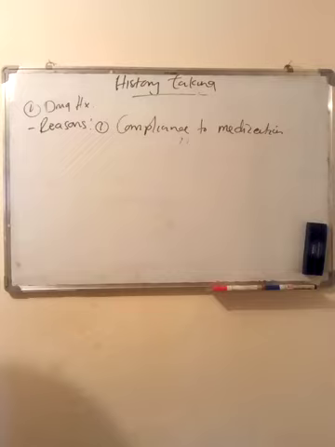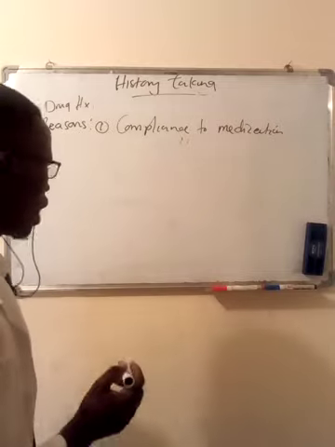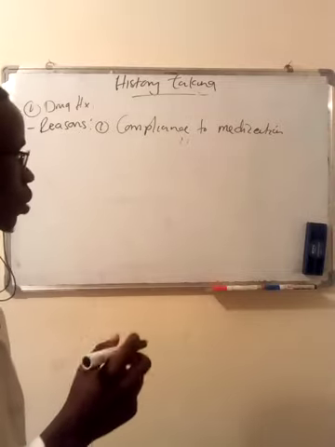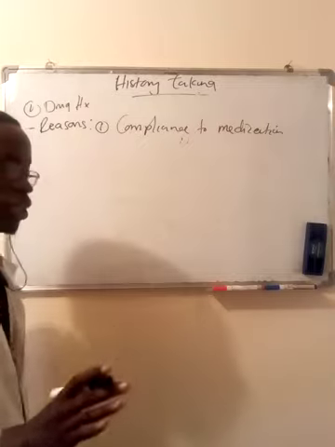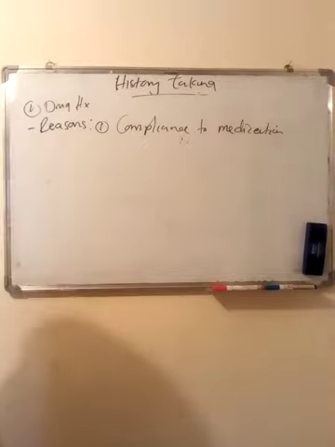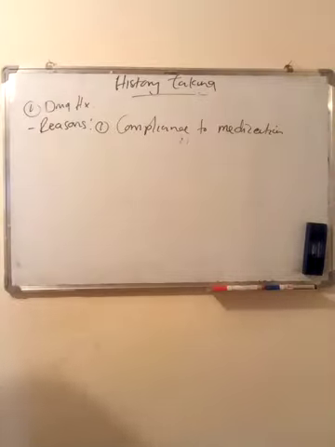So you try to find out, and you find that this patient is not compliant to antiretroviral drugs. So you're going to tell that most likely the reason why this patient has developed TB is because they're not compliant to medication. So we want to know the compliance, and if the compliance is poor, what are some of the complications that may arise because of poor compliance?